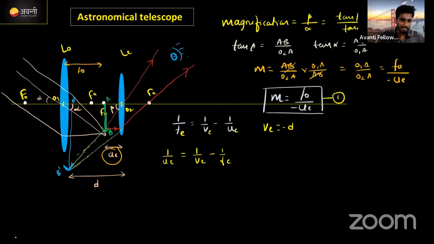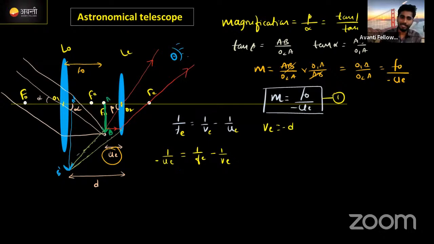Correct now? Or else you may write like this also. There is no problem. I will write now. Okay. 1 by fe. 1 by v left hand side लेने से क्या होता है? Minus 1 by ve. Clear है ना? ये तो है माइनस इधर से.